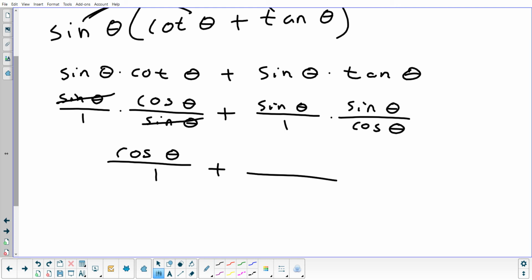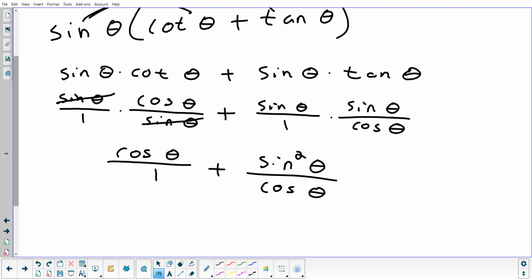Yeah, sine squared. And what do you get in the bottom? Yep, cosine. Okay, so you've changed everything to sines and cosines. That trick is done.